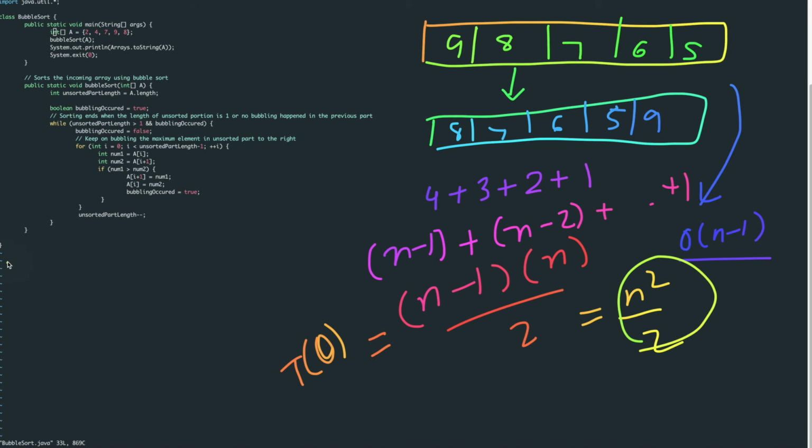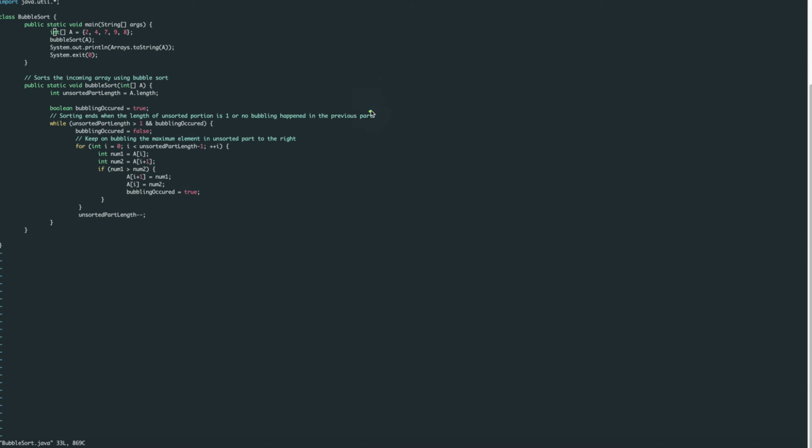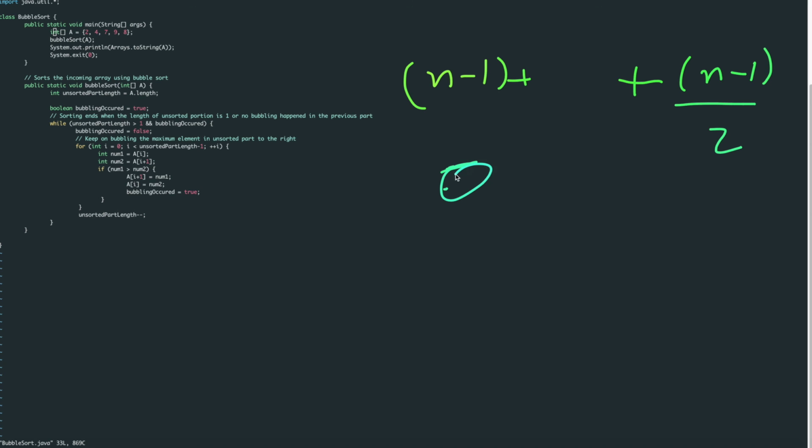So n minus 1 and so on up to say n minus 1 by 2, which is still the same as order of n square. So even in the average case, the time complexity is order of n square.